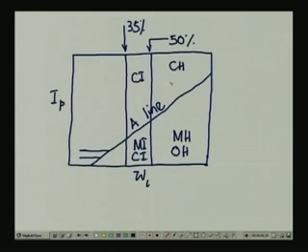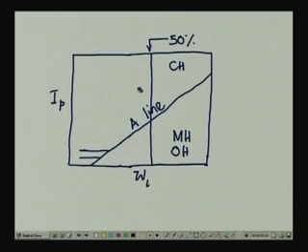Now, in case of the ASTM code, this particular line is not there, and consequently you also do not have soil types that are classified as of intermediate plasticity or intermediate compressibility.